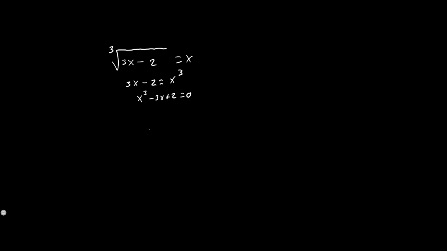Here, we can try and use synthetic division. So we have possible factors, which is plus or minus 1 and plus or minus 2. So we're going to verify if we have one of these solutions as our factors. So here we are going to have 1, 0, negative 3, and positive 2.